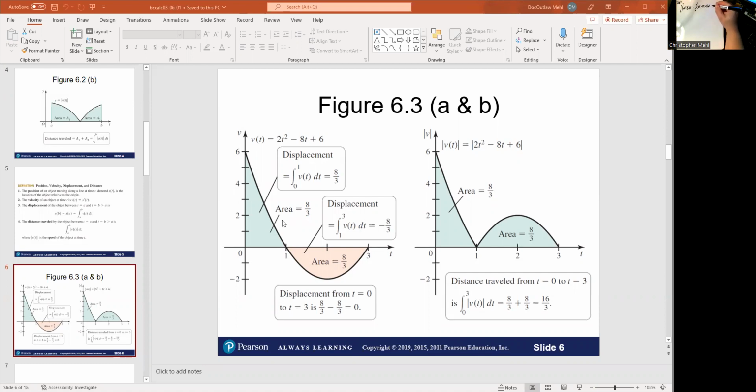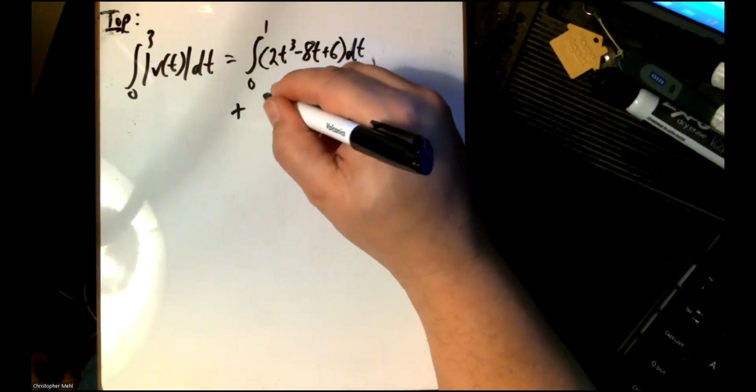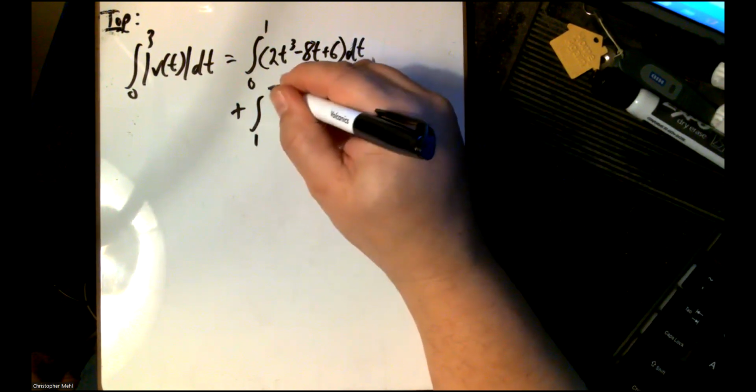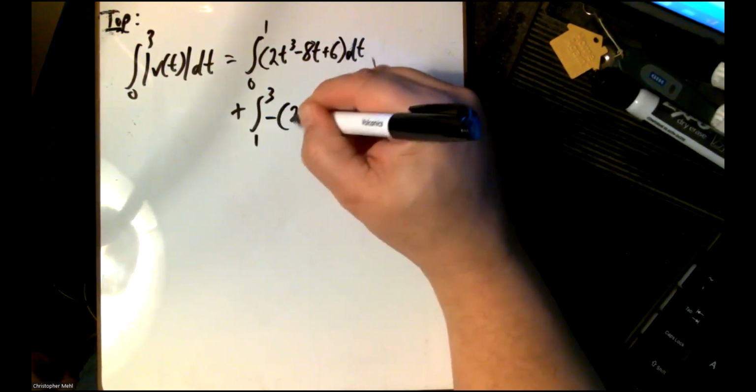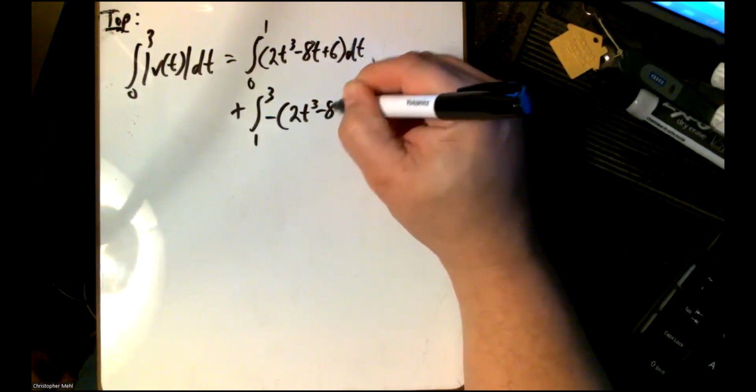So that would be plus the integral. I'll do this down here. You can see what I'm doing on my screen here. So that would be plus the integral from 1 to 3 of the negative of this.